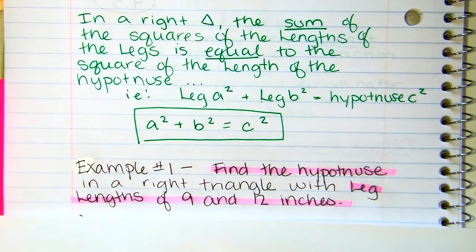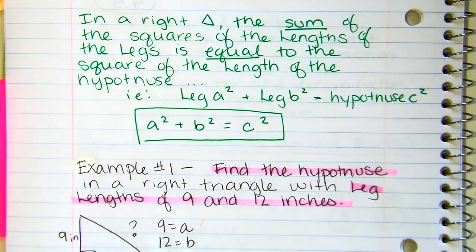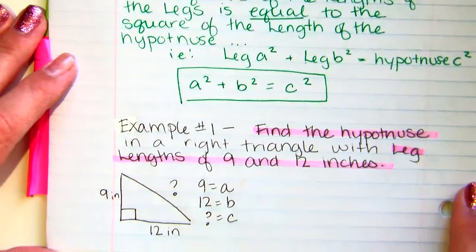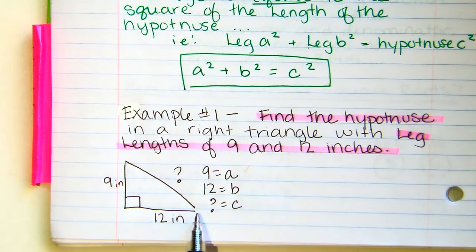I have the words here, but sometimes it's easiest to see it if we also view it as a diagram. So I have this. We have a right triangle. I've drawn a right triangle. We have a leg, which is 9.